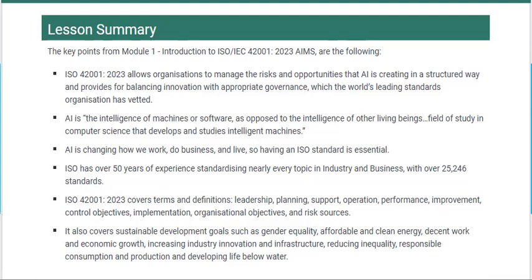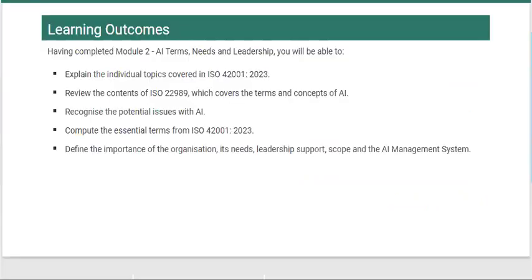Module 2, AI Terms, Needs and Leadership. Learning Outcomes. Having completed Module 2, AI Terms, Needs and Leadership, you will be able to explain the individual topics covered in ISO 42001:2023.